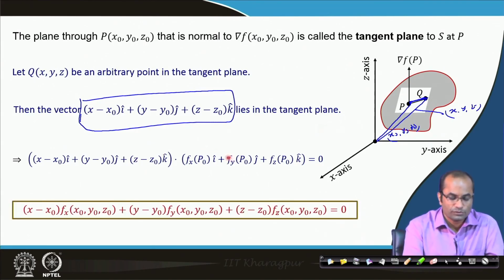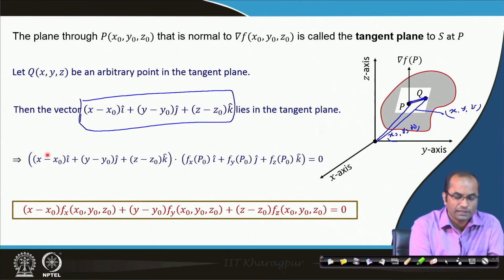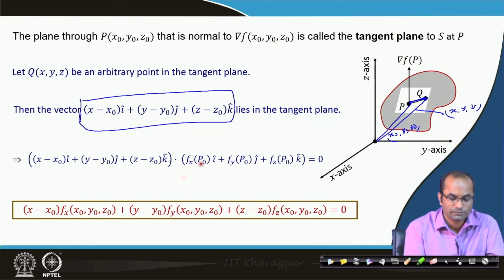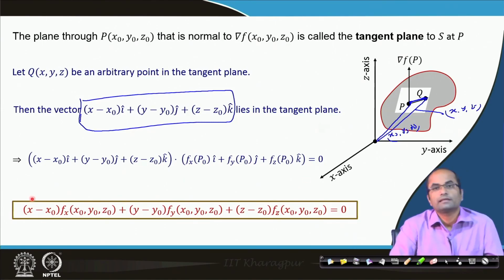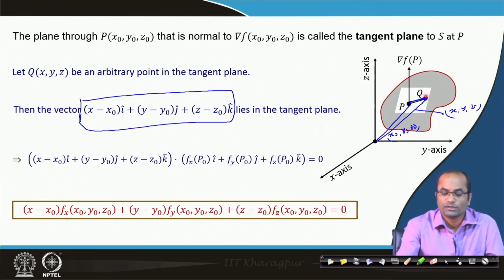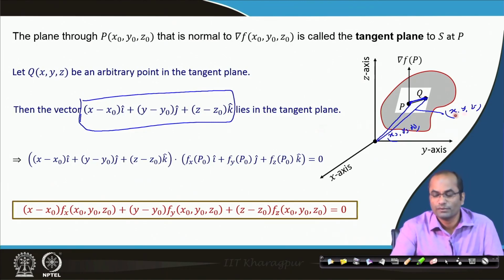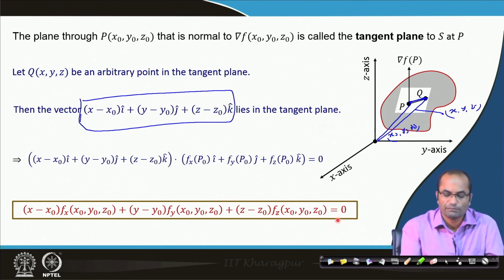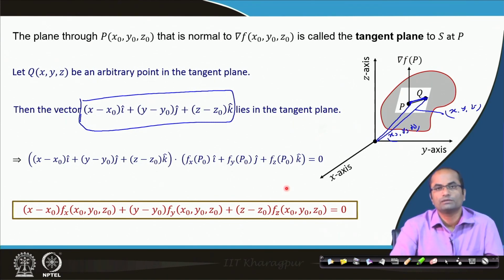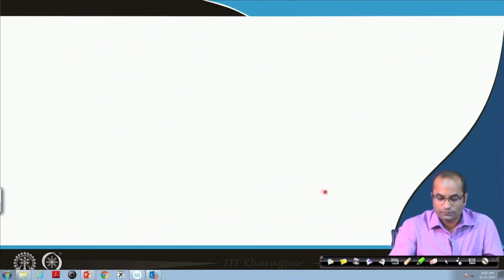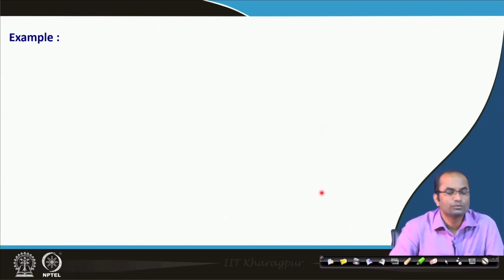If you just put this dot product there, that means x minus x 0 with this partial derivative, y minus y 0 plus this partial derivative, and so on. This is exactly the equation of the tangent plane, because q was the general point on the plane, which can be described by this formula, which is the equation of the tangent plane.